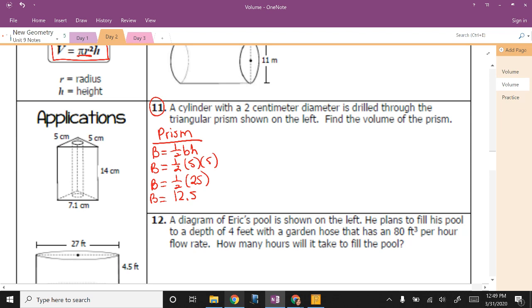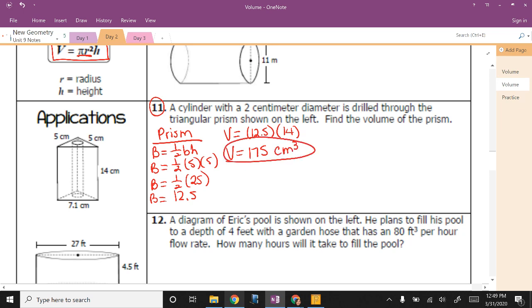So we need to find the volume of that, which is going to be big base times the height. And the height of that triangular prism is 14 centimeters. So 12.5 times 14, using my calculator, I'm getting 175. So the total volume of that prism before anything is taken out of it is 175 cubic centimeters.